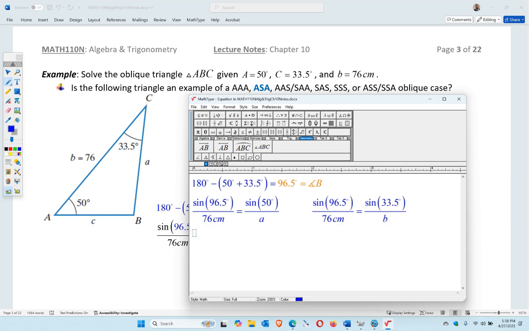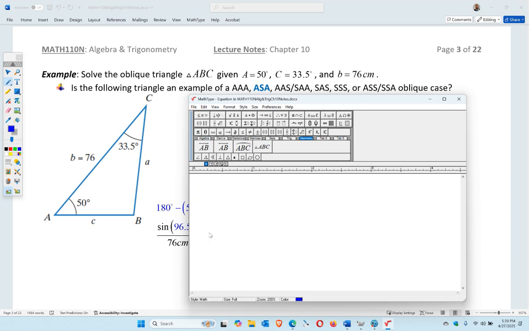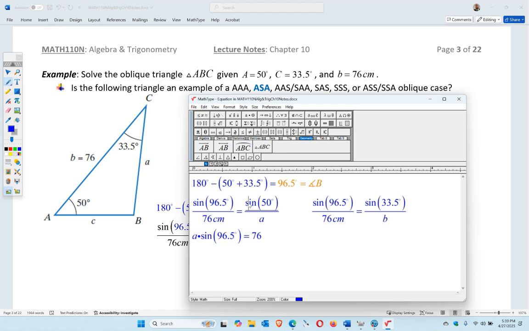So if I cross multiply, I'm going to get A times sine of 96.5 equals 76 times the sine of 50, sorry. And on over here, we're going to get B times sine of 96.5 equals 76 times the sine of 33.5.